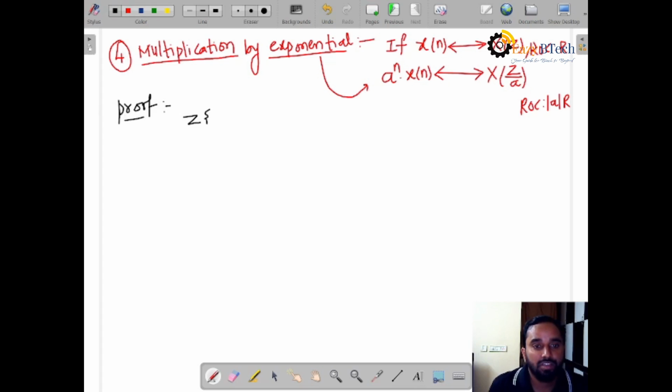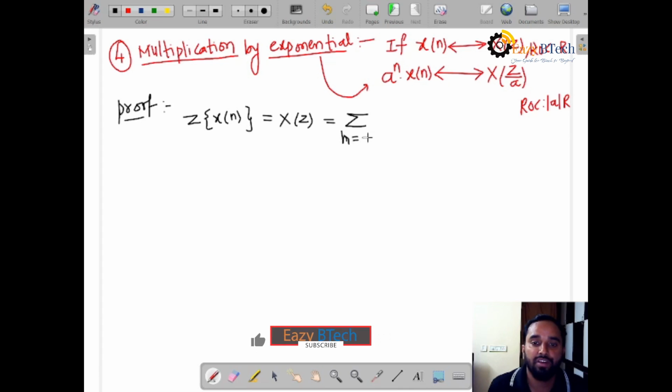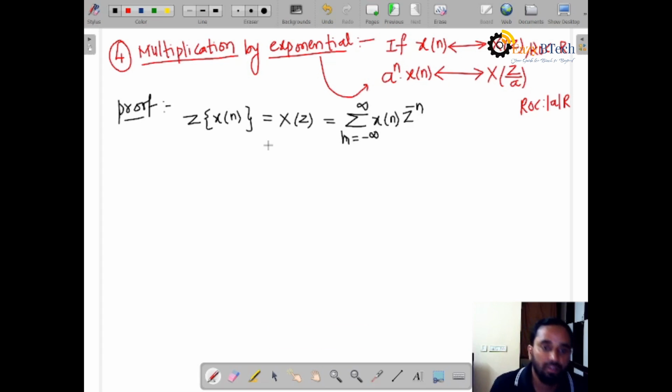So the Z transform of x of n is X of z, which is equal to summation n equals minus infinity to plus infinity of x of n z power minus n, right? Now we want the Z transform of a power n x of n.